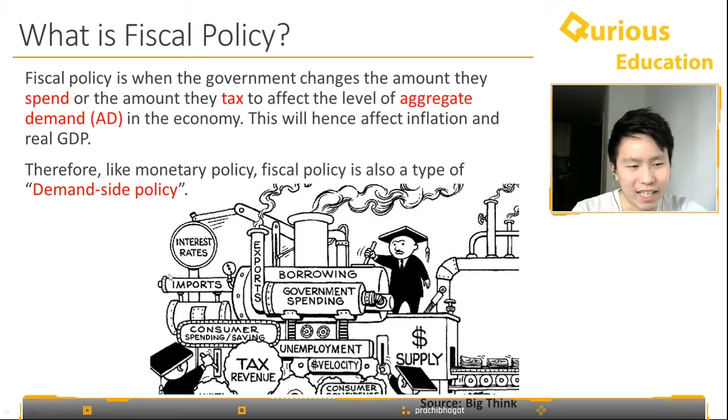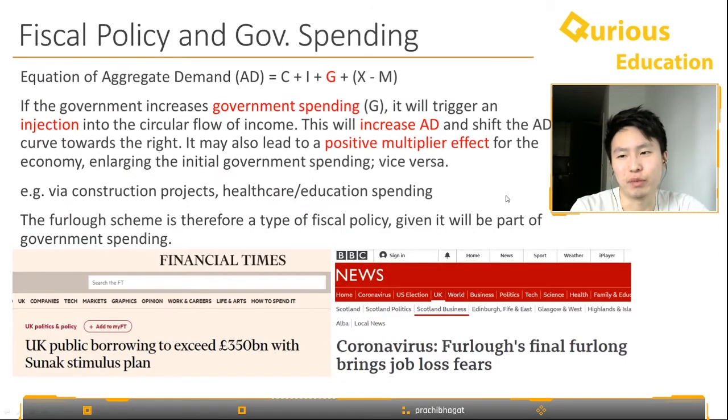We can see the economy is like a huge machine, and the government wants to manipulate the level of spending and the level of taxes in order to make this machine work more efficiently or work better. But sometimes the government would trip on its own toes as well.